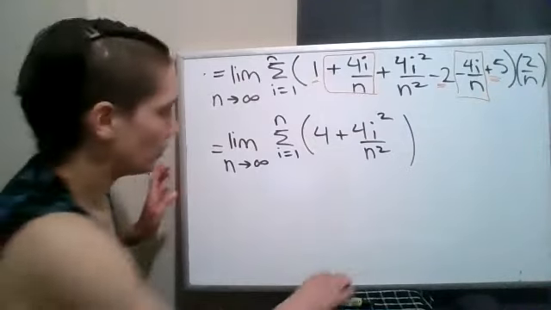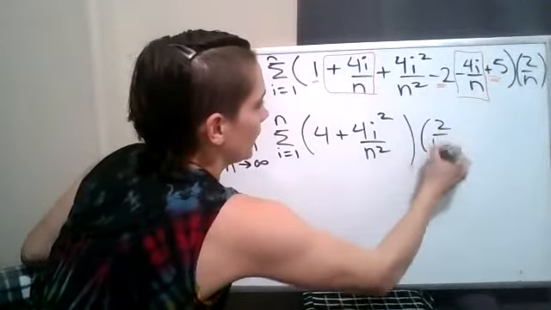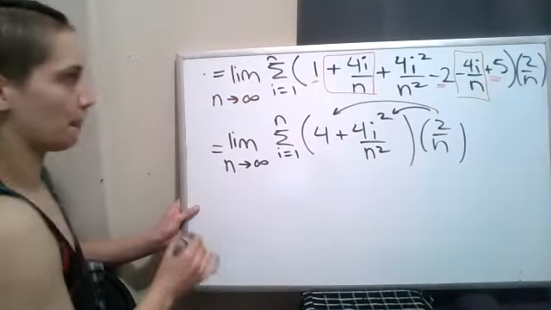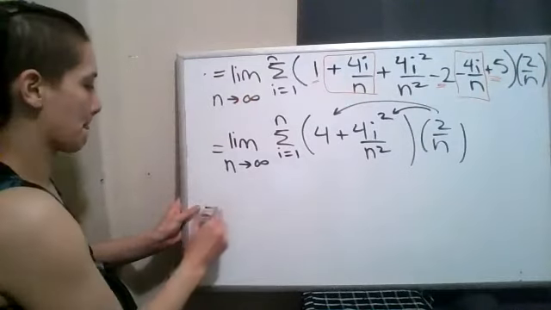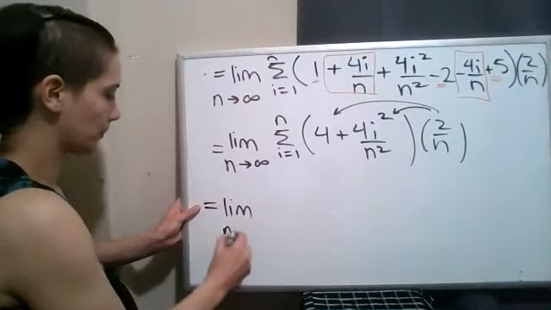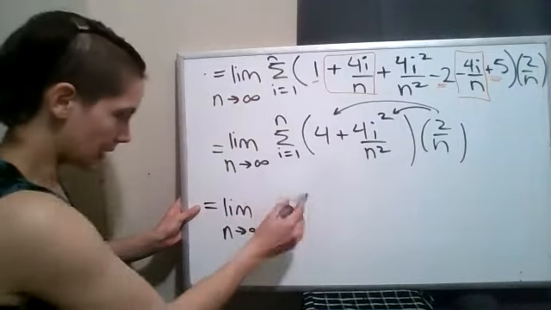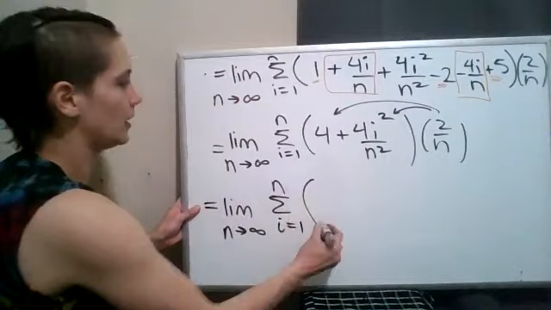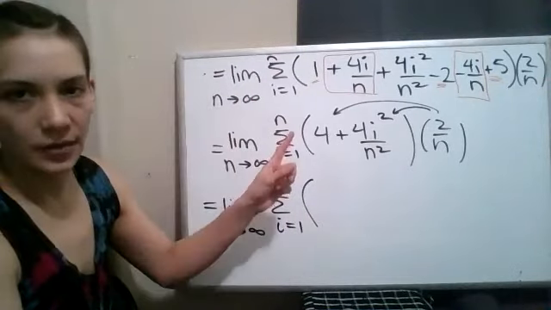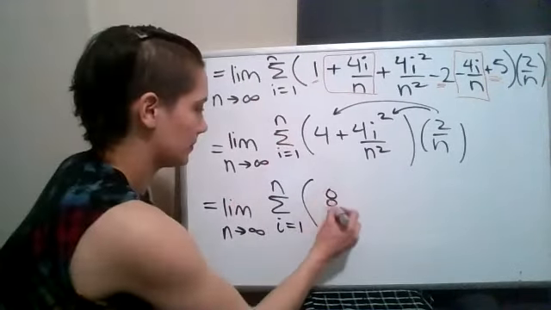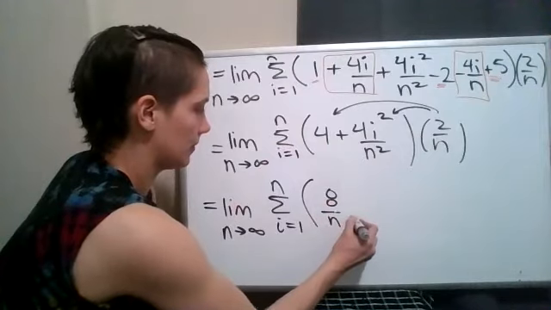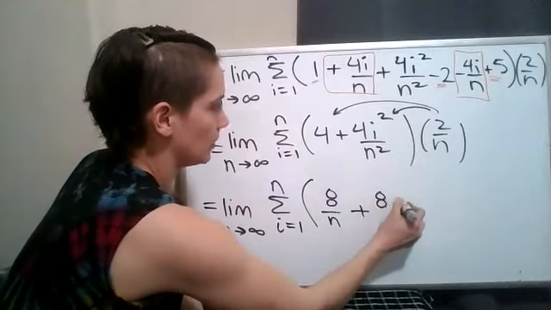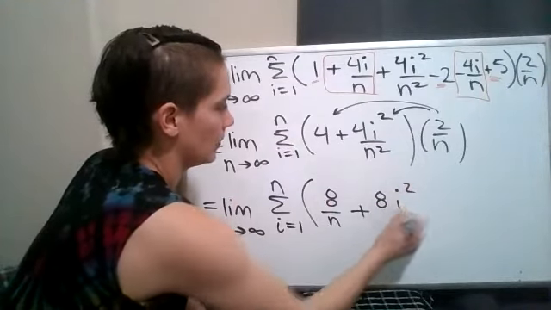Next, we need to distribute the 2 over n. We sum i equals 1 to n of 8 over n plus 8i squared over n cubed.